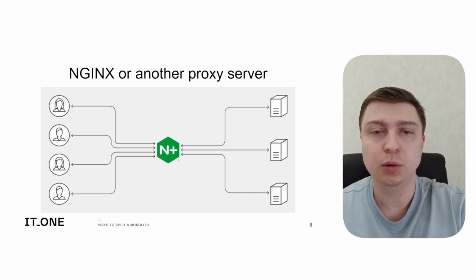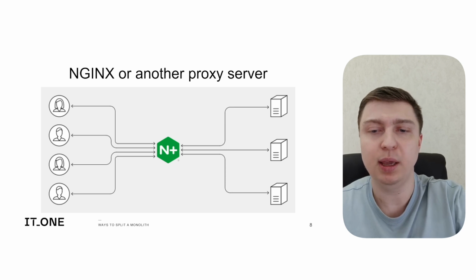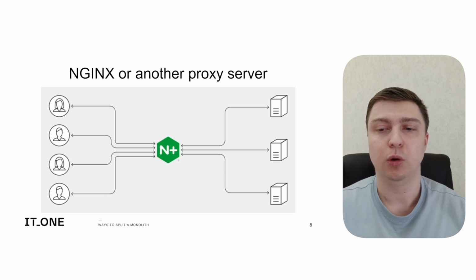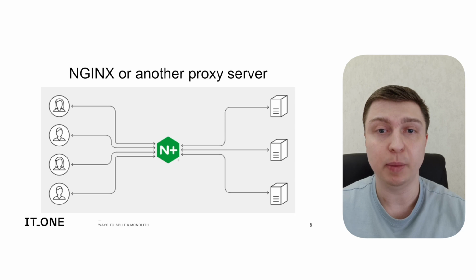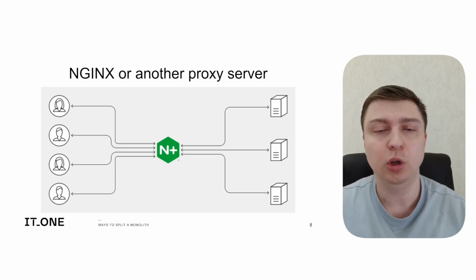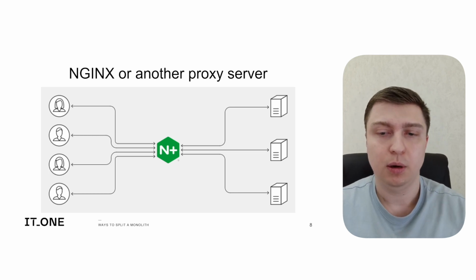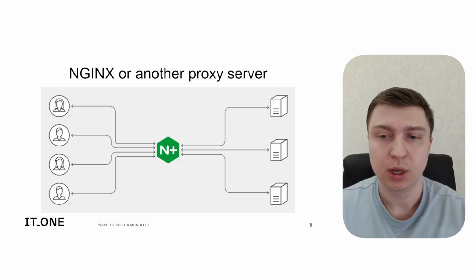There are drawdowns in performance. We load the entire application, the entire bundle again and again. So the main advantage of a single page application, we just lose it. Code duplication and more.